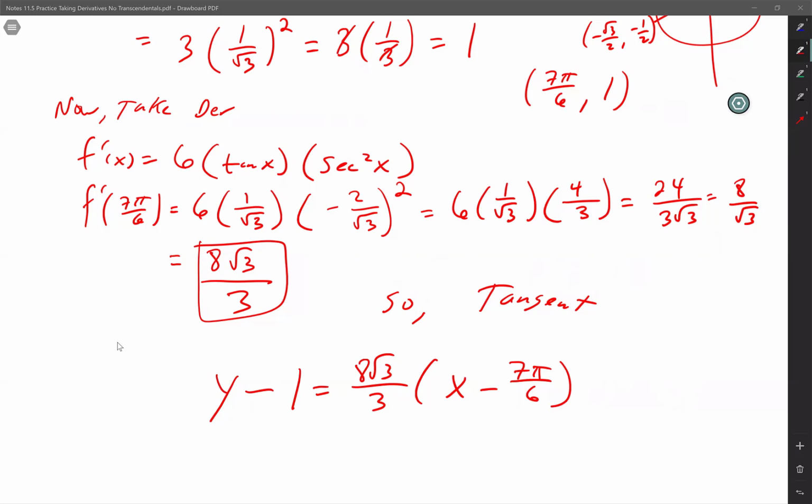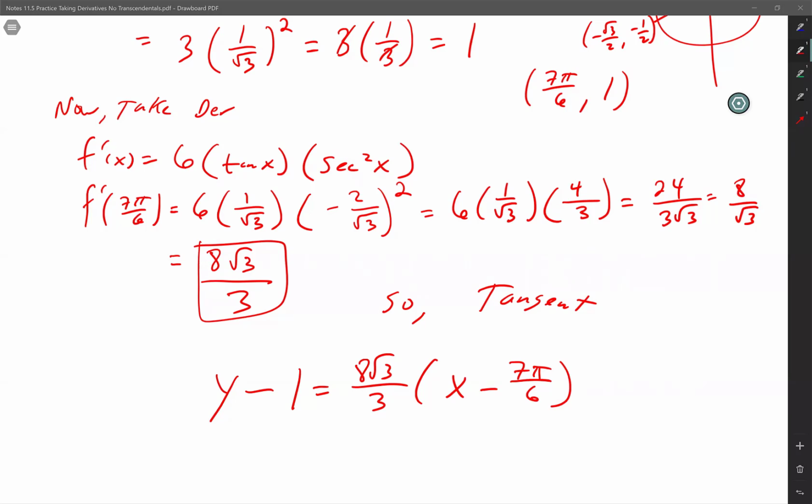Oh no, the original function. f of x equals 3... add an x on the inside. And let me move my parentheses so it's the whole thing squared.